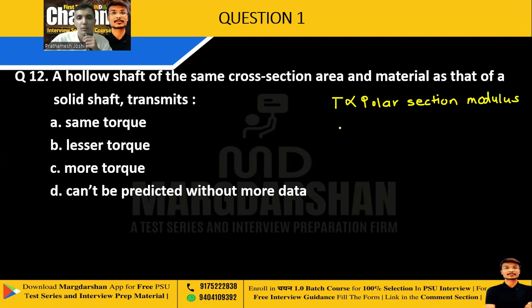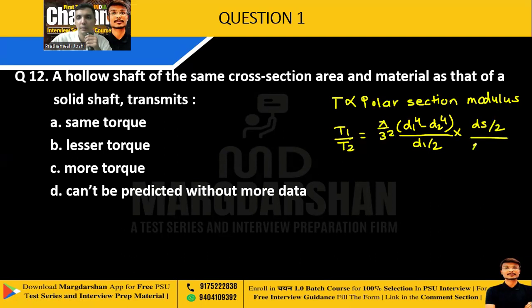Okay, so T1/T2. T1, अगर हम लोग हॉलो ले लें तो π/32 (D1 पावर 4 माइनस D2 पावर 4). ये जो सेक्शन मॉडुलस है वो आएगा maximum d1/2, इफ आई एम नॉट रॉन्ग. और उसके लिए T2 आएगा, T2 आई एम डायरेक्टली राइटिंग इट एज ds/2, जो सॉलिड शाफ्ट है उसके लिए, अपॉन π/32 ds³.